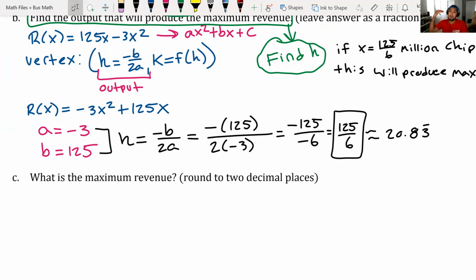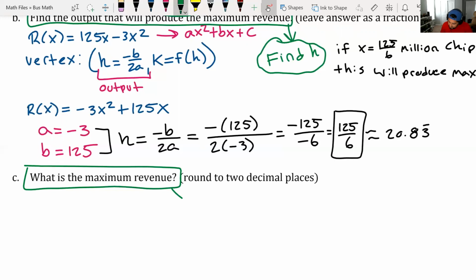Because if we make 125 over 6 million chips and then plug it into the revenue function, that'll give us the vertex. That'll give us the amount of maximum revenue. So what is the maximum revenue? All this means is find K.